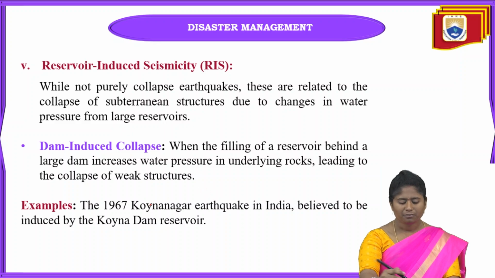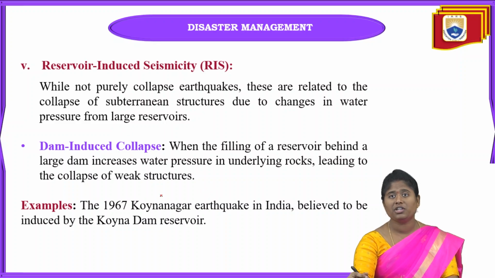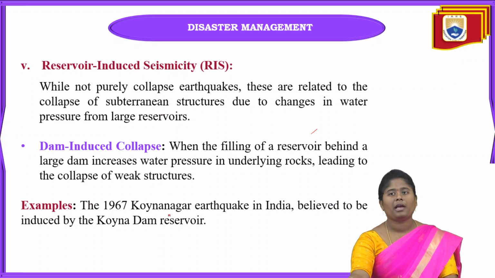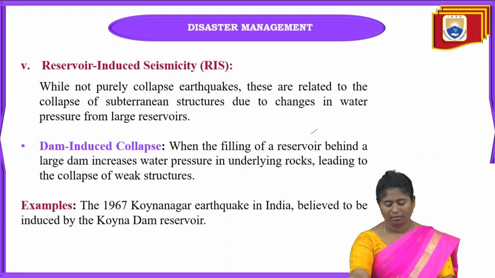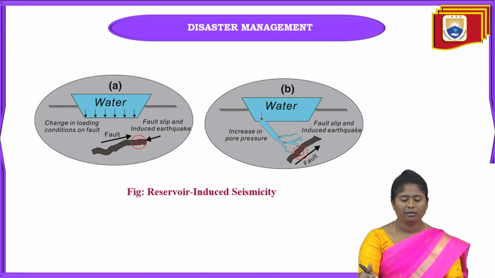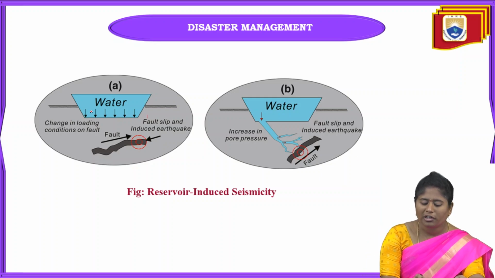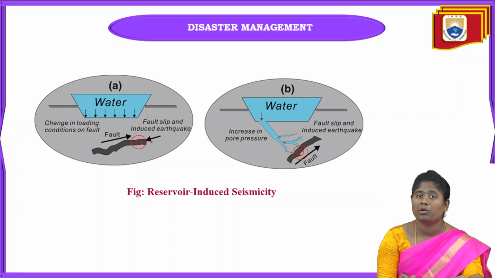It occurred in 1967 in India; that is called the Koynagar earthquake. It was induced by the Koyna Dam reservoir. Like here, you can see if this is your reservoir, when water pressure increases, the fault will slip and that will induce the earthquakes here.